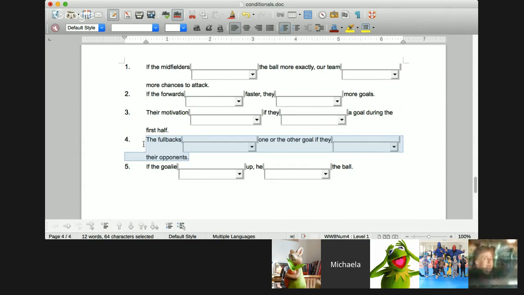So you're close with the first one. What did you say would scored? Would score. You're missing a little bit. So because this is the third, it should be would have scored.